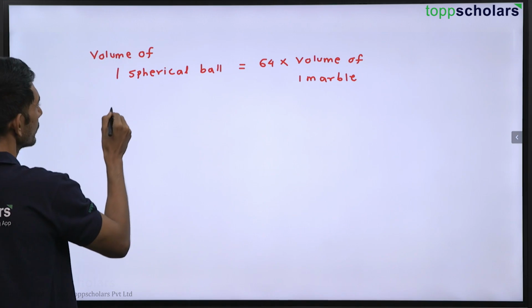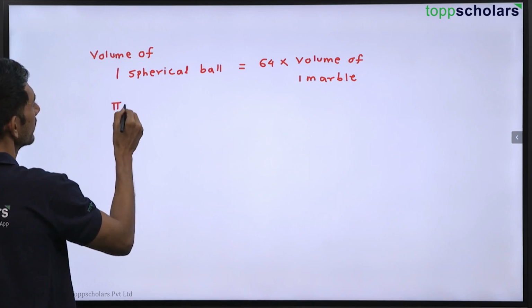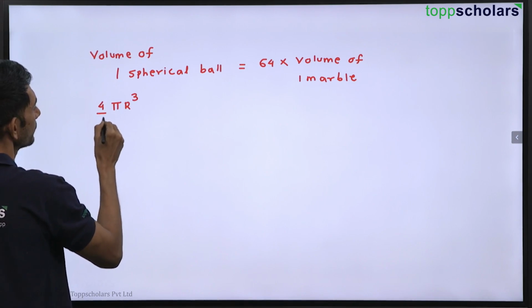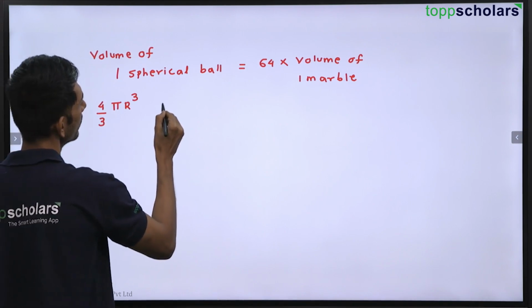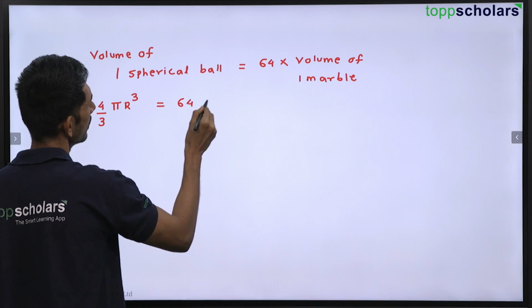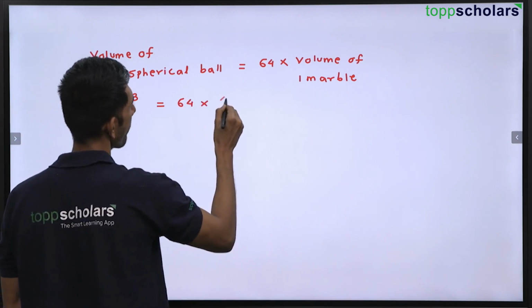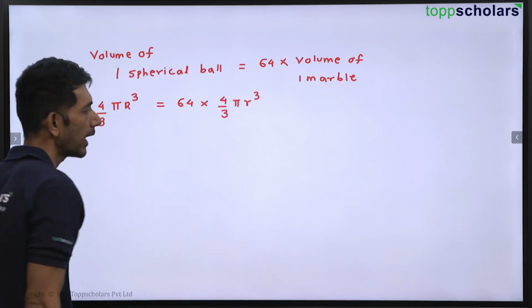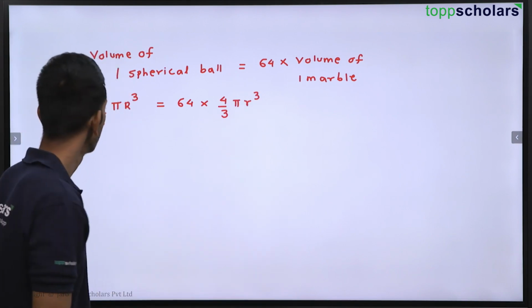So that is 4 by 3 pi R cube is equal to 64 multiplied by 4 by 3 pi small r cube. I hope this part is clear to all of you.